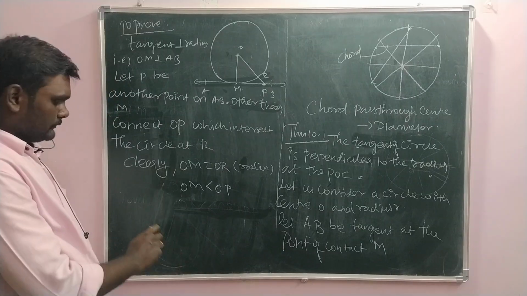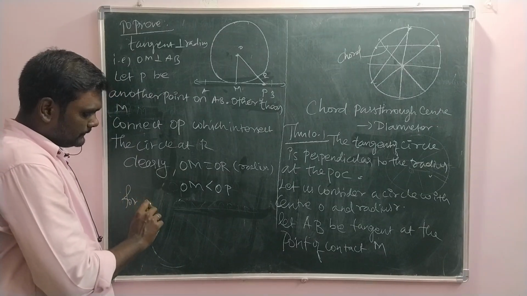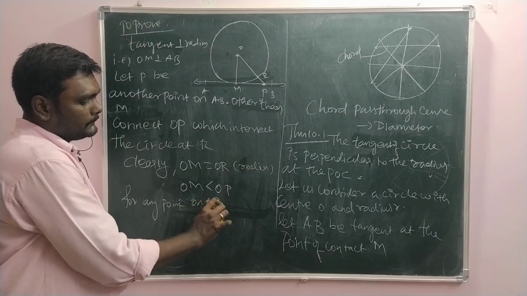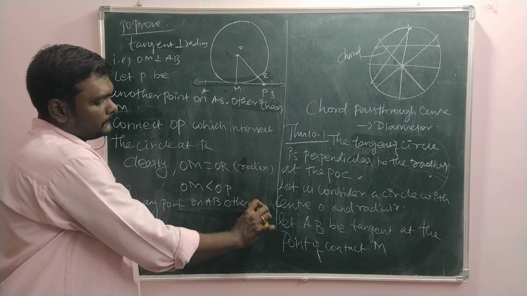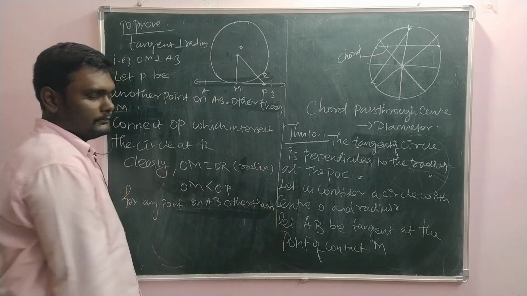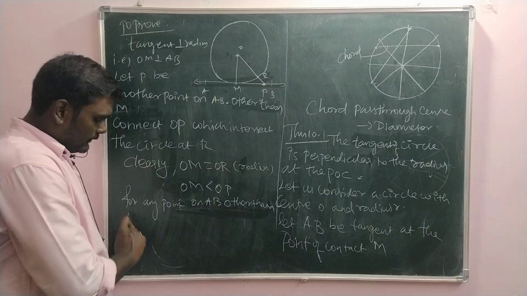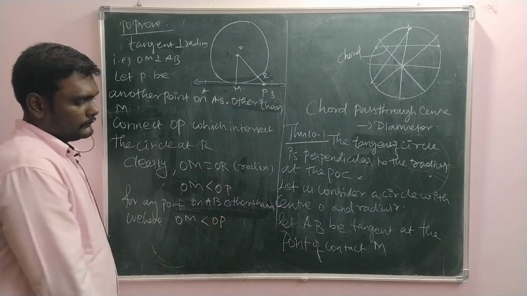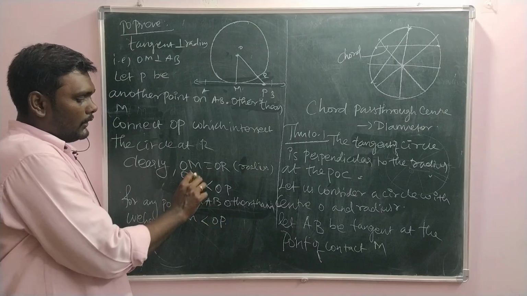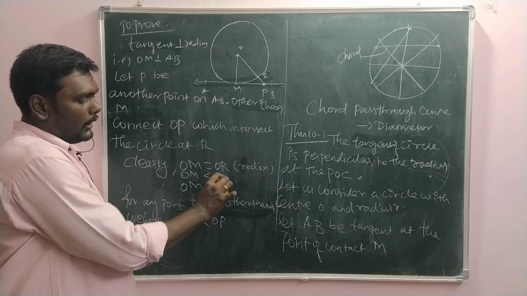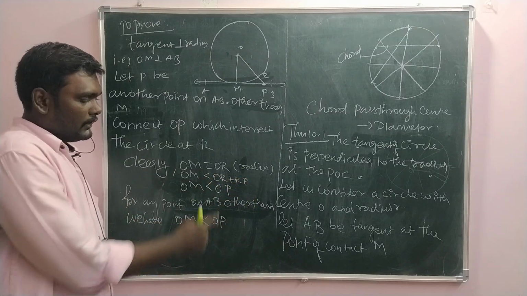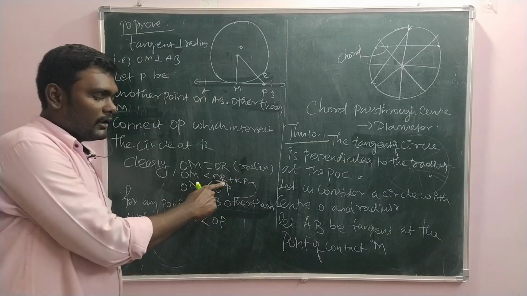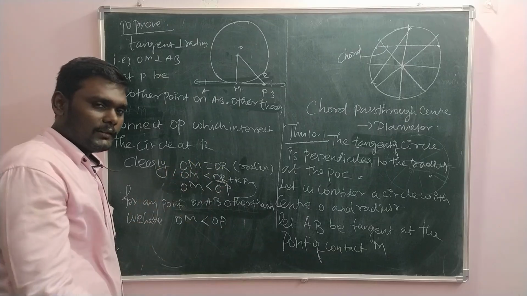So for any point on AB other than M, OM will be less than that. Why is it less? Because OP is OR plus RP, which is more than the radius. OM is just the radius. When we add something to the radius, it must be greater. That is why this step is important.